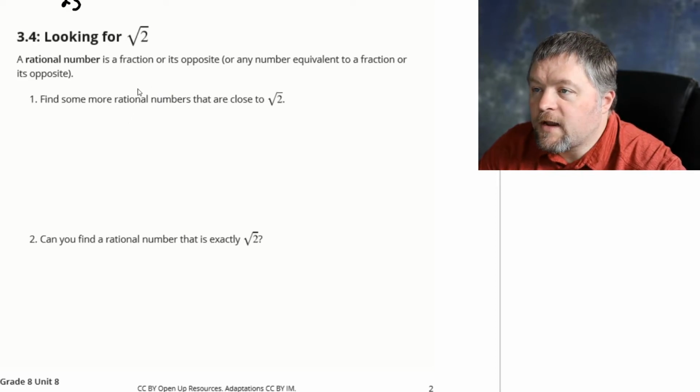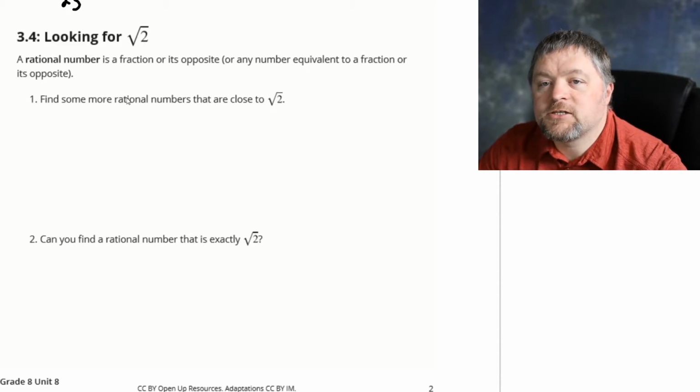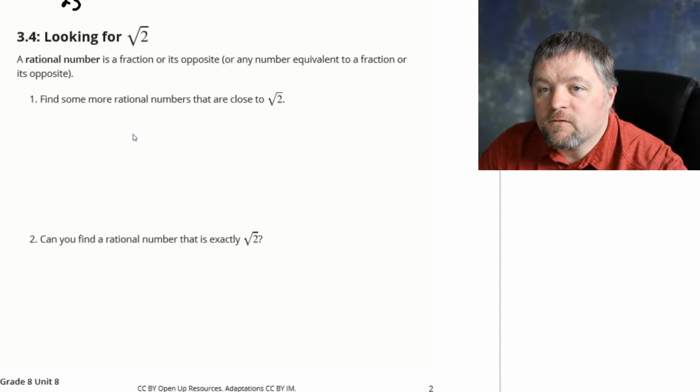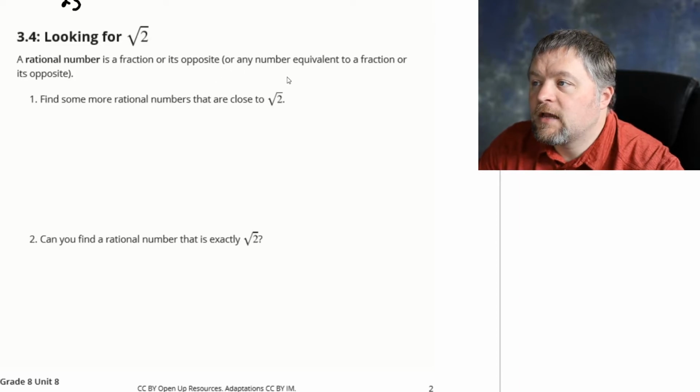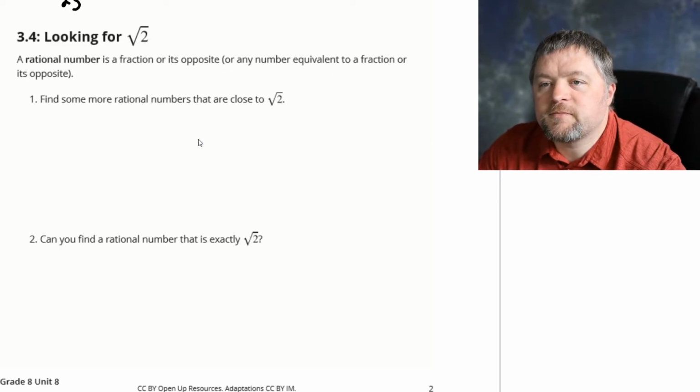So 1/2 is a rational number. 2 is a rational number because you can write 2 as a fraction. 2 over 1 is equal to 2. Any number equivalent to a fraction or its opposite.